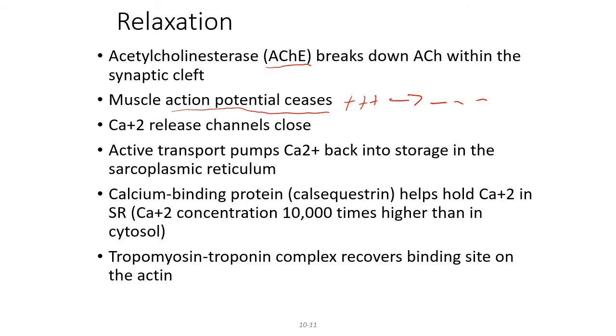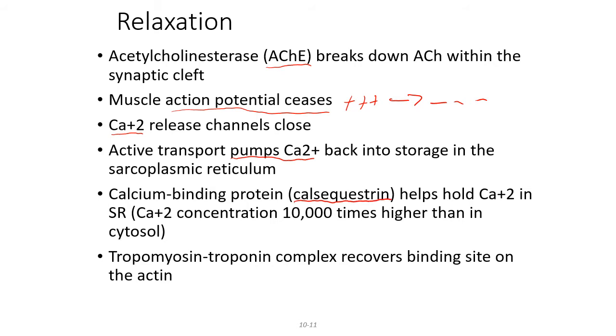That closes the calcium channels on the sarcoplasmic reticulum. So if calcium is no longer being released out, now the calcium pumps, which are constantly running, are going to pump calcium back in, and the calcium is going to get into the sarcoplasmic reticulum and bind to a protein called calsequestrin.